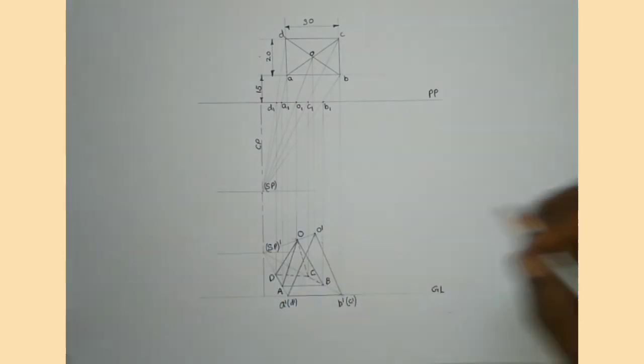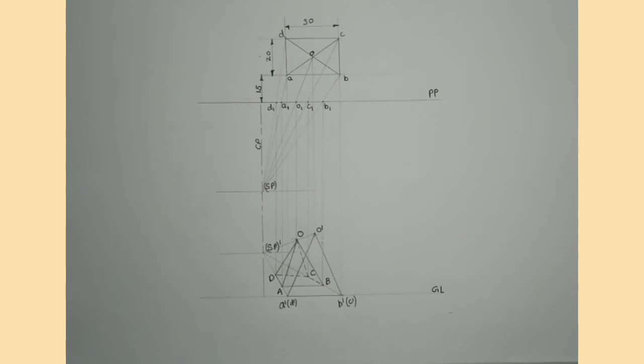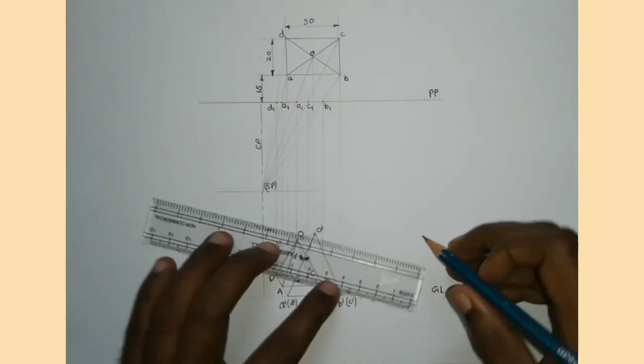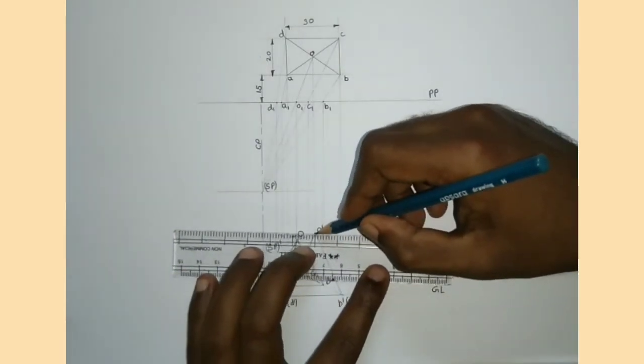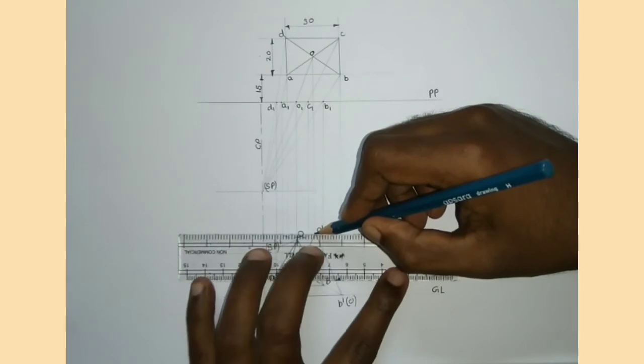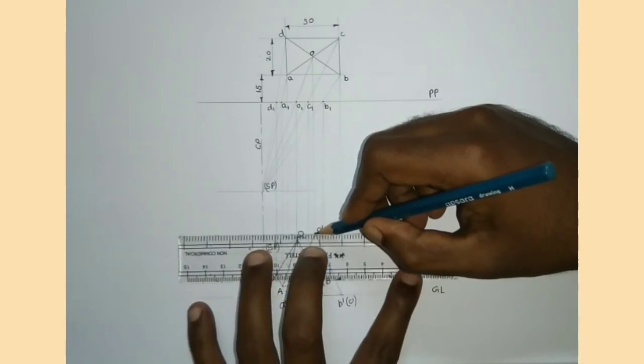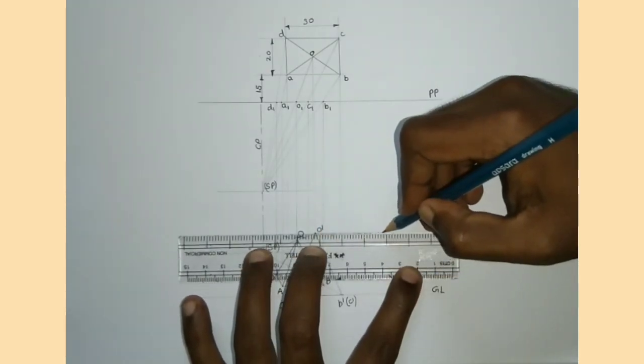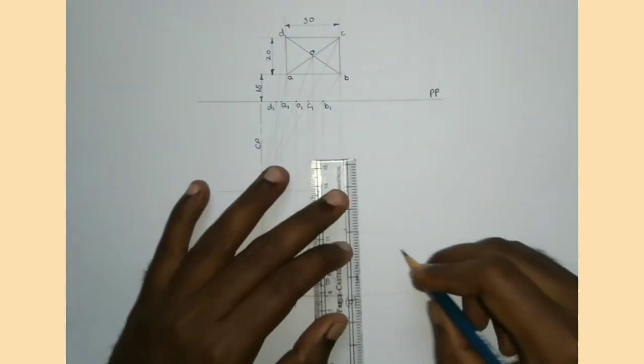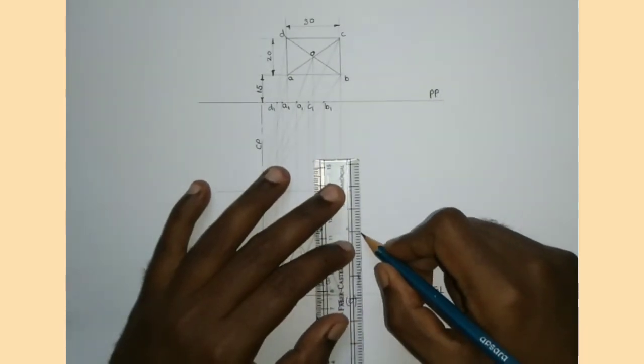This is the perspective view of the rectangular pyramid, marked with capital letters O, A, B, C and D. Now I am going to mark the dimensions. I am marking the length of the axis, or height of the pyramid.